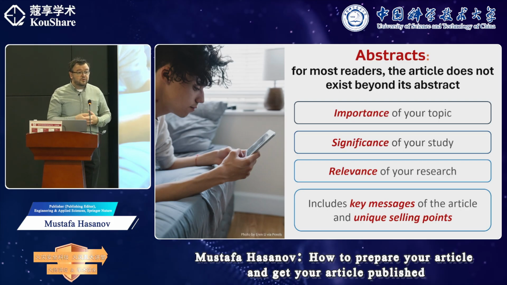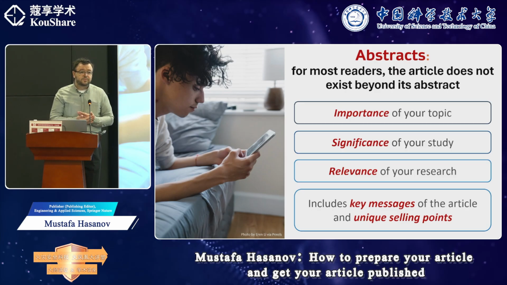But keep in mind that there are so many papers being published. For most readers, when they look for new articles to read on a specific topic, they will just read the title and the abstract. And if they don't like the abstract, they will just move on to the next one. So it is important when you work on your abstract to really think about what the key messages are that you want to give. Like, this is what your article is about in one sentence.